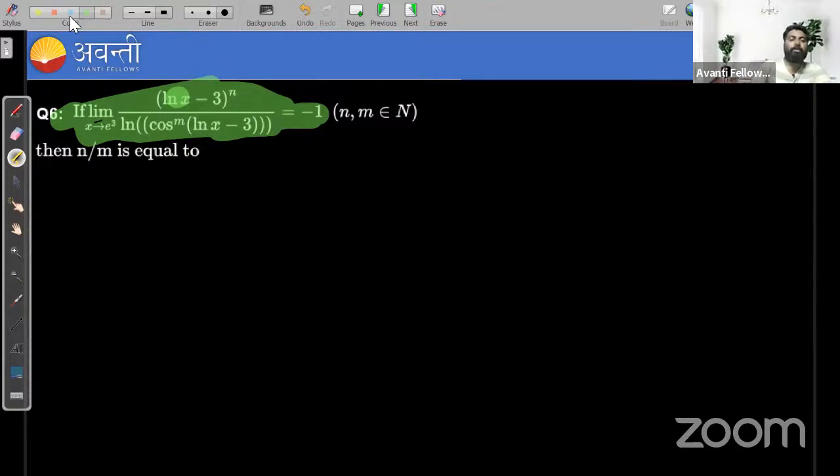So in such type of questions, what should you do? First, see in the numerator you are having ln x minus 3, and also in the denominator you are having ln x minus 3. So my suggestion is to take ln x minus 3 as t.